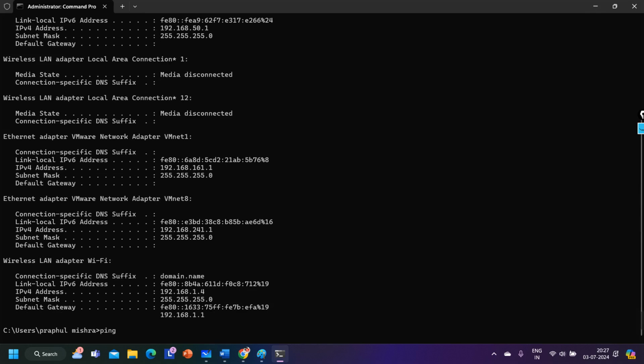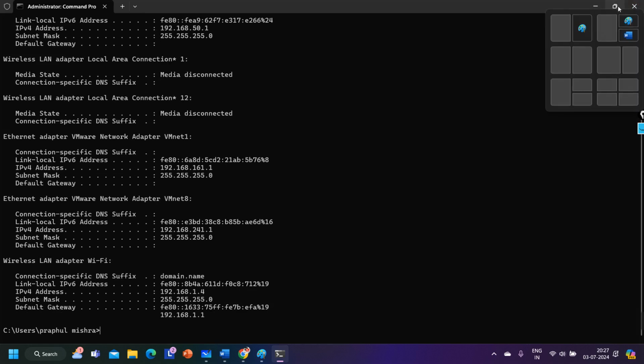I'm able to ping Google. So why, guys? Because my router is doing translation. Every time my router receives my traffic, it translates the source address. It sets its own source address. And when it gets the reply message, it translates it back to the original IP address.